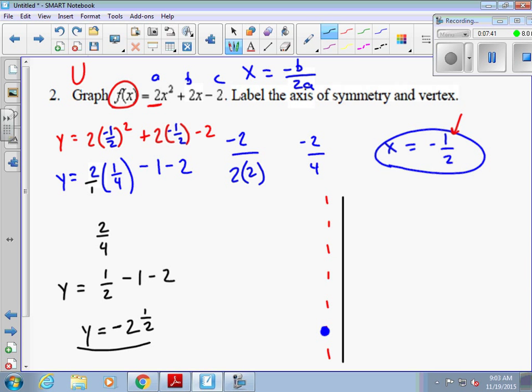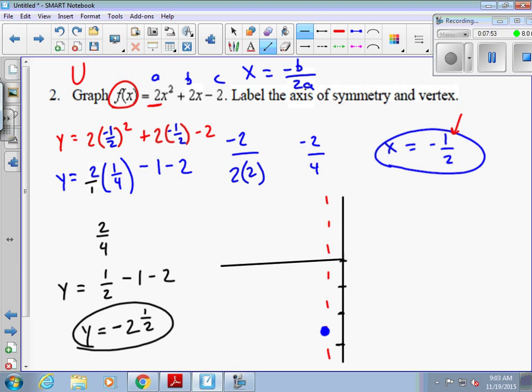That's going to give us our vertex. So if this is negative 3, this is negative 2, this is 1, then this right here has to be our 0. A little bit better than that. I'll stretch it from there.